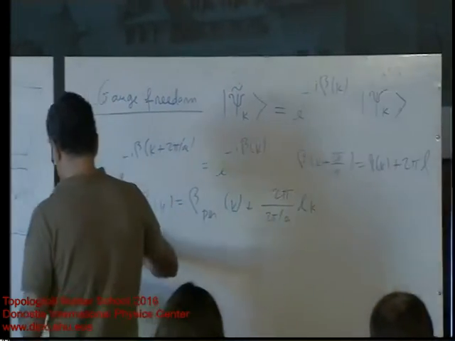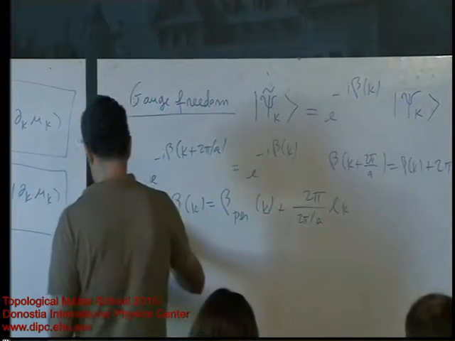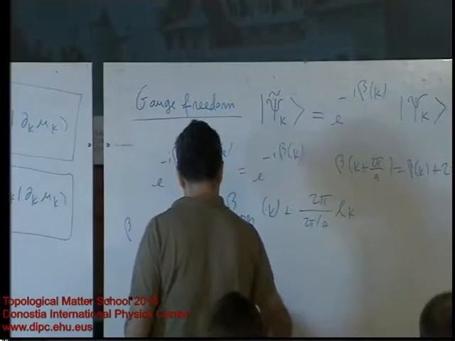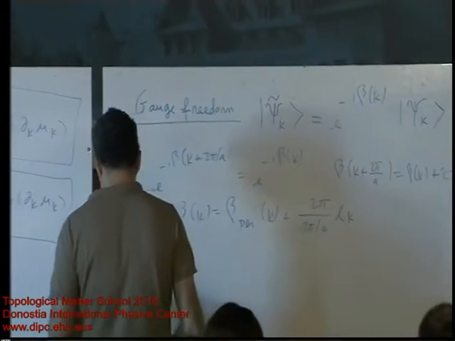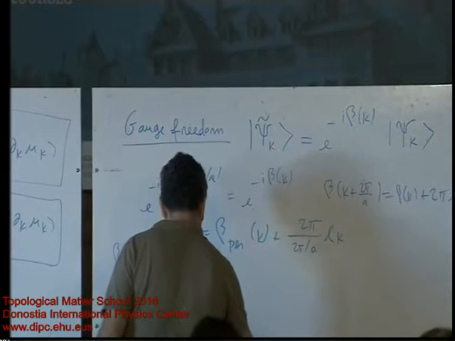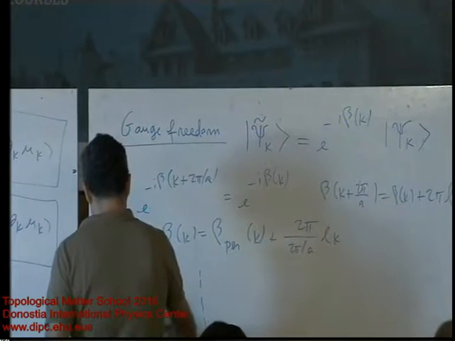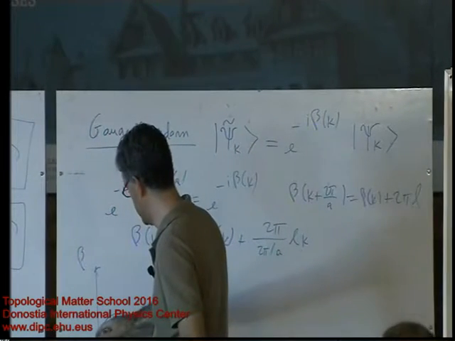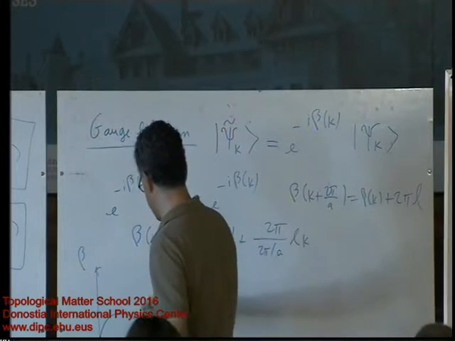So pictorially, if you plot this function beta throughout the Brillouin zone from 0 to 2 pi over a, you can change the phases in some fashion like this. So at this k point you change it by this amount, at this k point you change it by that amount.